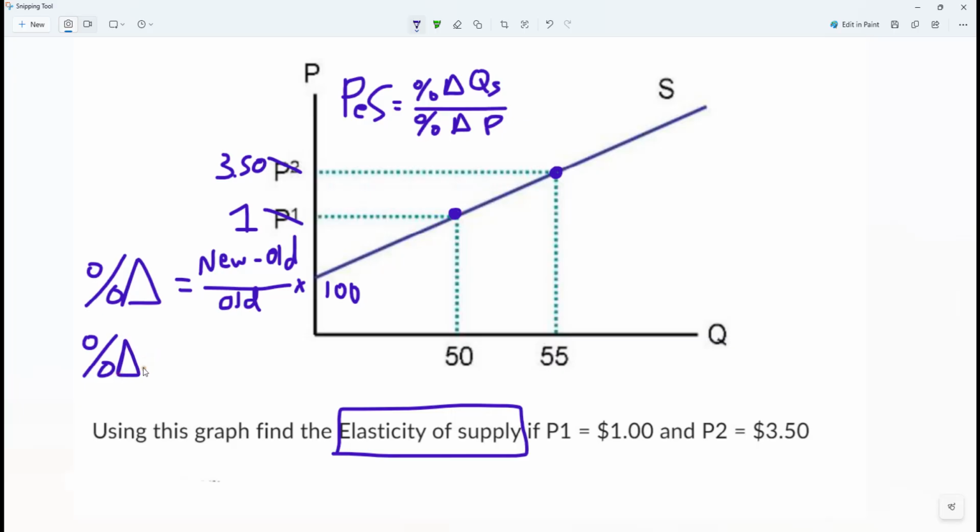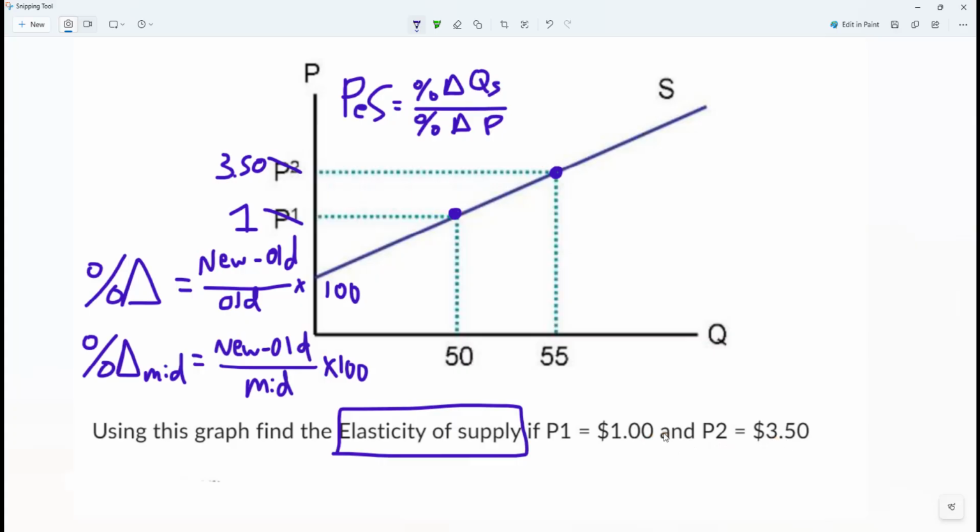So this is percent change using the midpoint. We're going to say new minus old over midpoint, halfway in between those two, times 100. And you can usually just eyeball it halfway between 1 and 350.